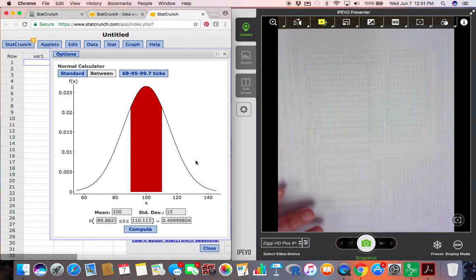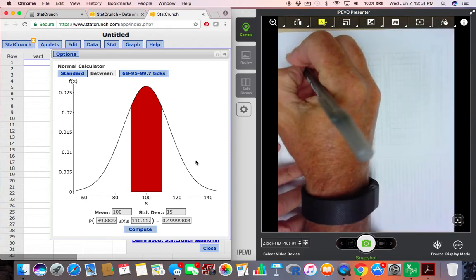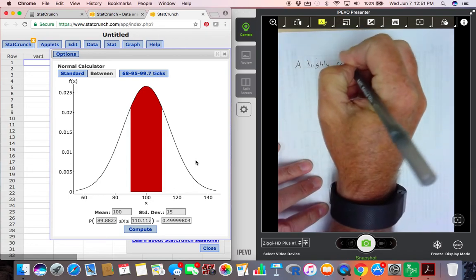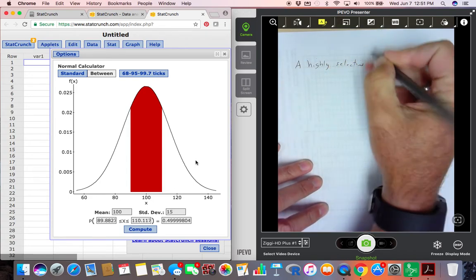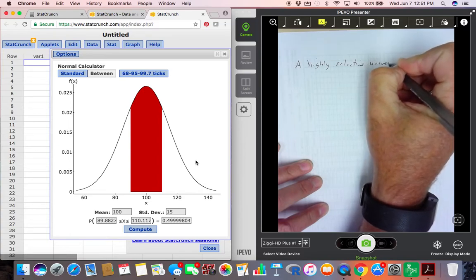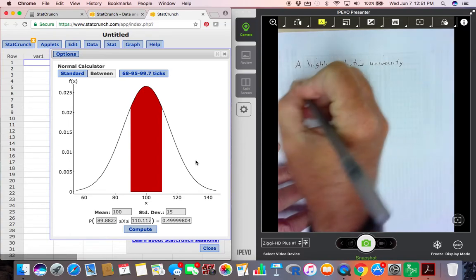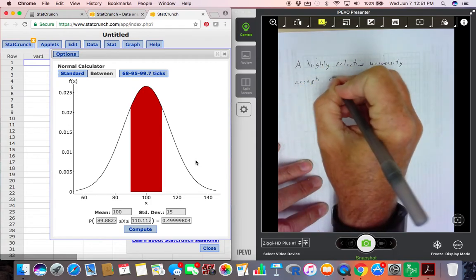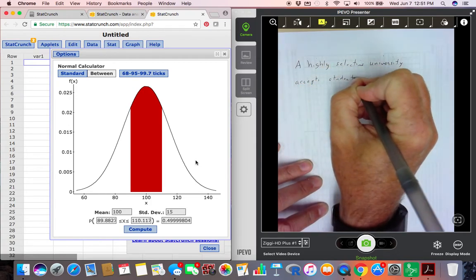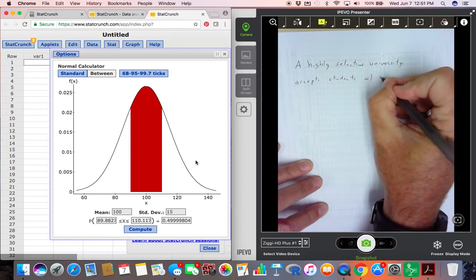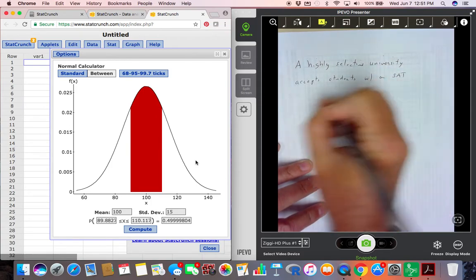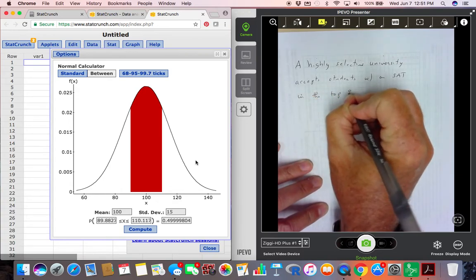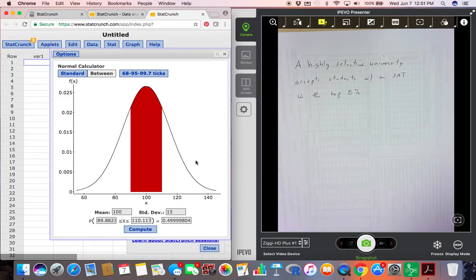All right. A highly selective university accepts students with an SAT in the top 8%.